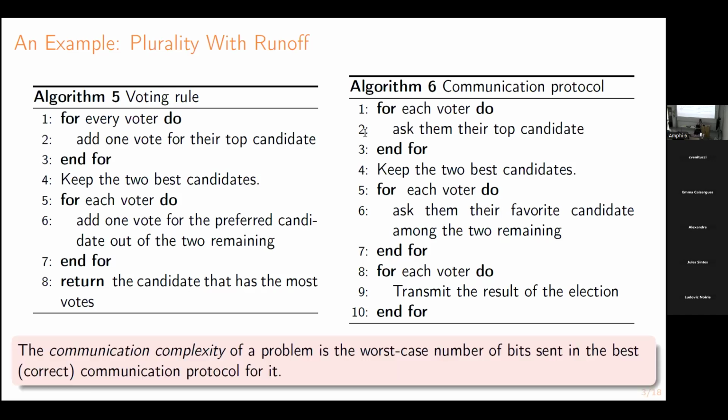And so the communication complexity of a problem is the worst case number of bits sent in the best communication protocol for it. So you take the best communication protocol and you see in the worst case how many bits are going to be exchanged between the person that votes and some central authority that collects the vote.